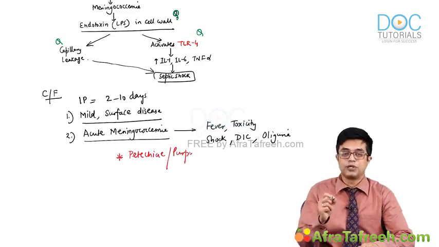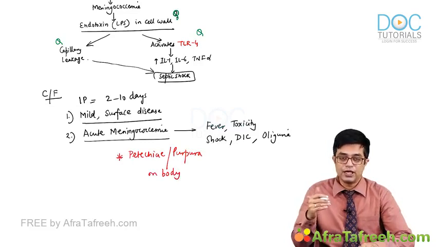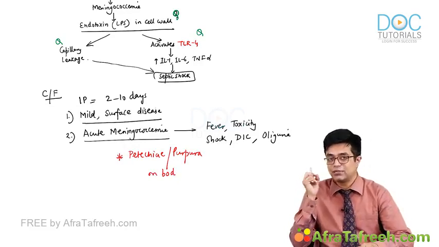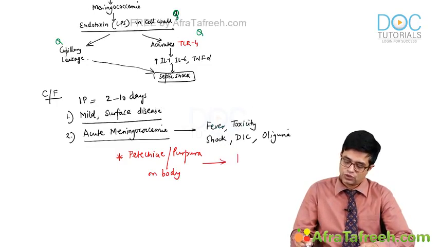These petechiae or purpurae are due to septic embolization along with capillary damage, and they are infectious. So meningococcus can be isolated from these petechiae or purpura. If petechiae purpura are present, the patient is called as having purpura fulminans if they are present all over the body.